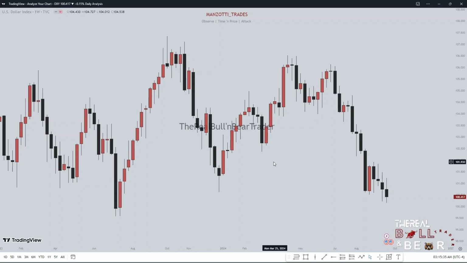Right, so I'll start. What I see is this range, which is our swing low, swing high.